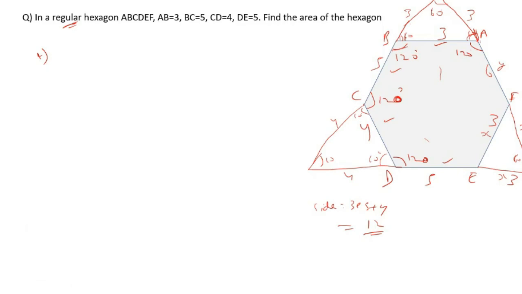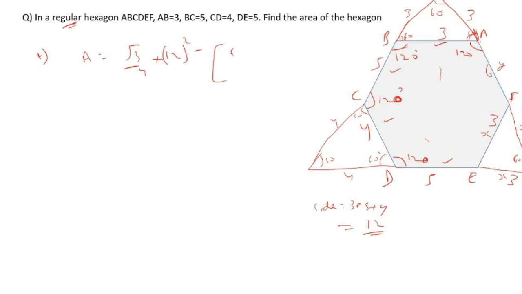Clearly the area of the hexagon is the area of the bigger equilateral triangle minus the area of three smaller equilateral triangles. These are also equilateral, 60 each. These can be derived using the equilateral formula, and the bigger equilateral triangle formula would be root 3 by 4 into 12 square, minus root 3 by 4 into 3 square, root 3 by 4 into 4 square, root 3 by 4 into 3 square again.